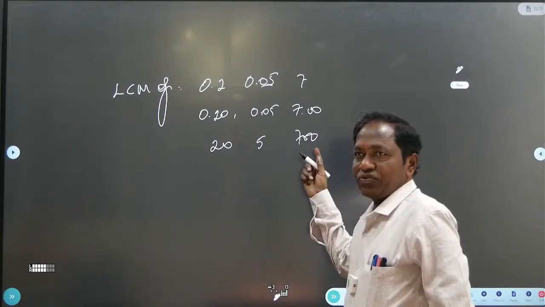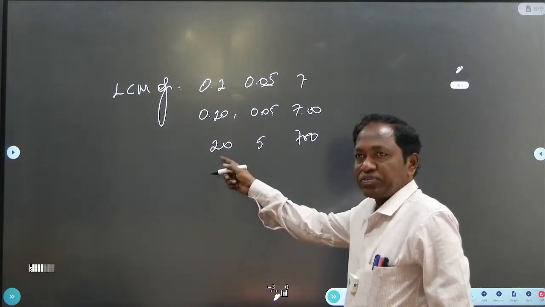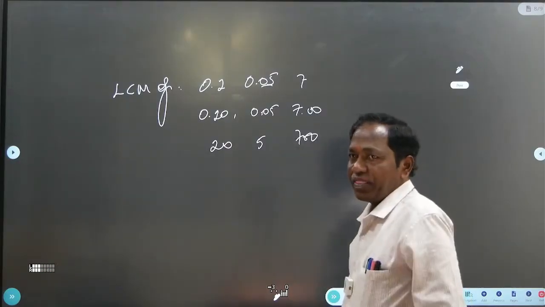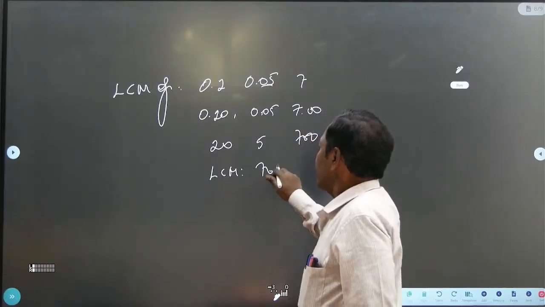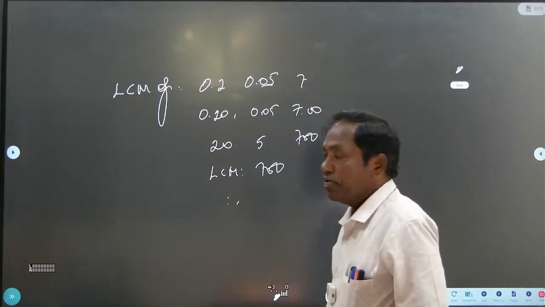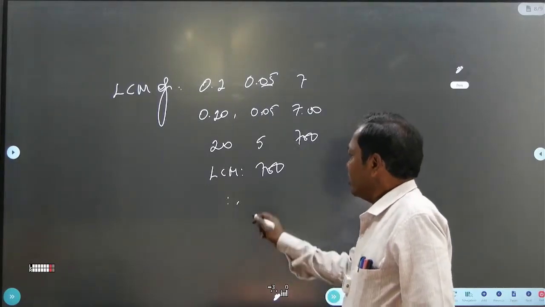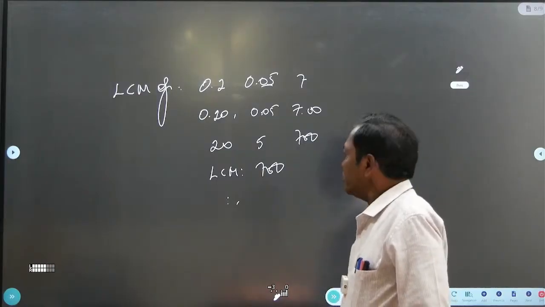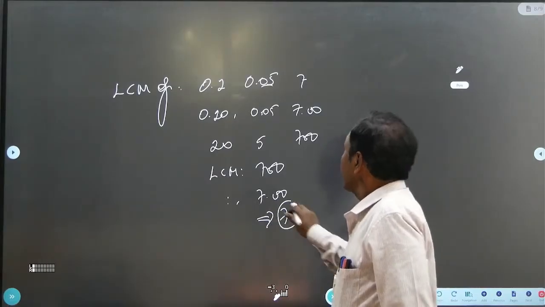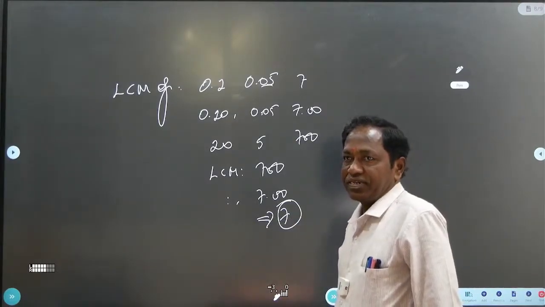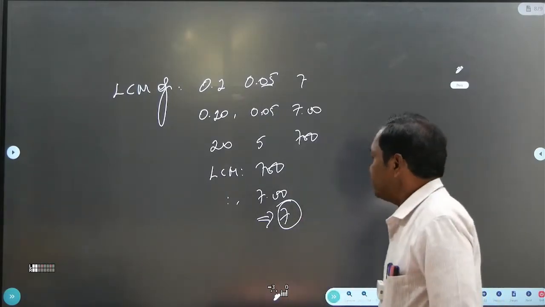When the last digit is 0 or 5, it is a multiple of 5. Multiples of 20 also: when 100 is a multiple of 20, multiples of 100 are also divisible by 20. So what is the LCM? 700. But how many decimals have we adjusted here? 7.00, then it is 7. It's like that. It hardly takes 1.5 seconds. Next.